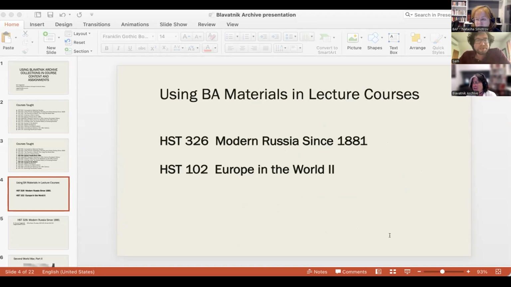Assignments in these courses are meant to introduce students to writing a brief historical essay, but I think more importantly to the practice of historical thinking and to the use of sources, to the use of historical and archival materials as sources. So first I'll talk about how I use some of these collections in my course content.